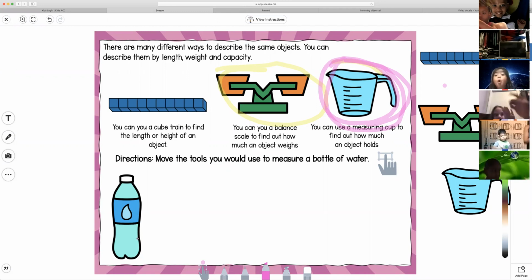There you go. Right here, let me use the light blue. Here we have a water bottle. It says move the tools that you would use to hold a bottle of water. So what do you think I could use to measure this bottle of water? How can I measure it?